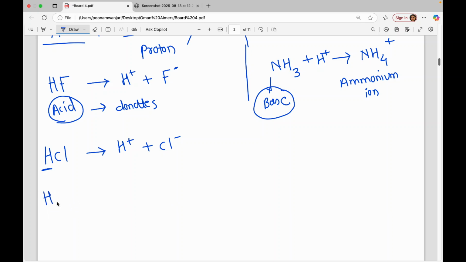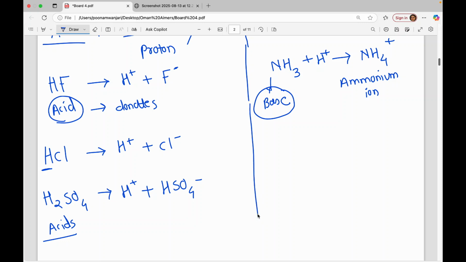If I take the example of H2SO4, first we will release one H+, and after taking out one H+, there will be a 1- charge. These are examples of acids where there is donation of a proton.